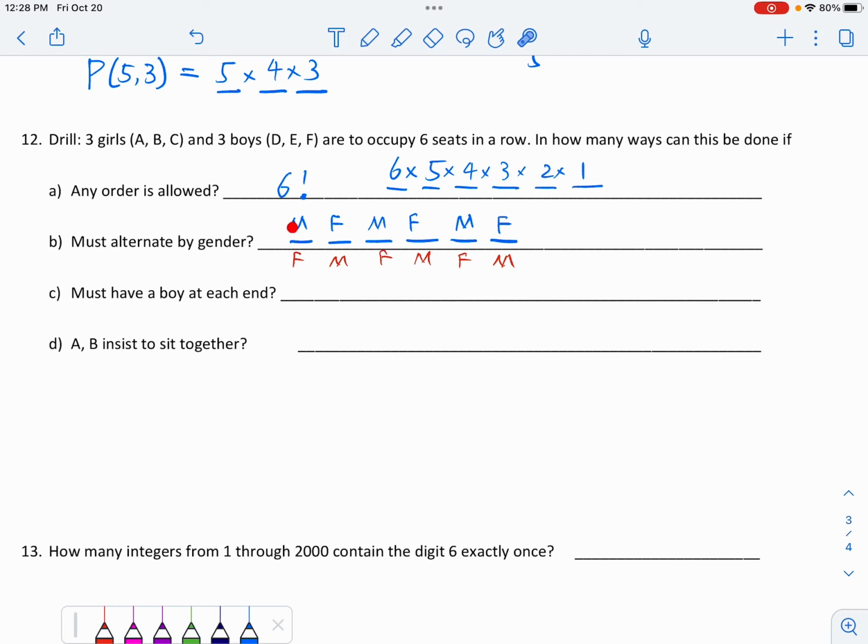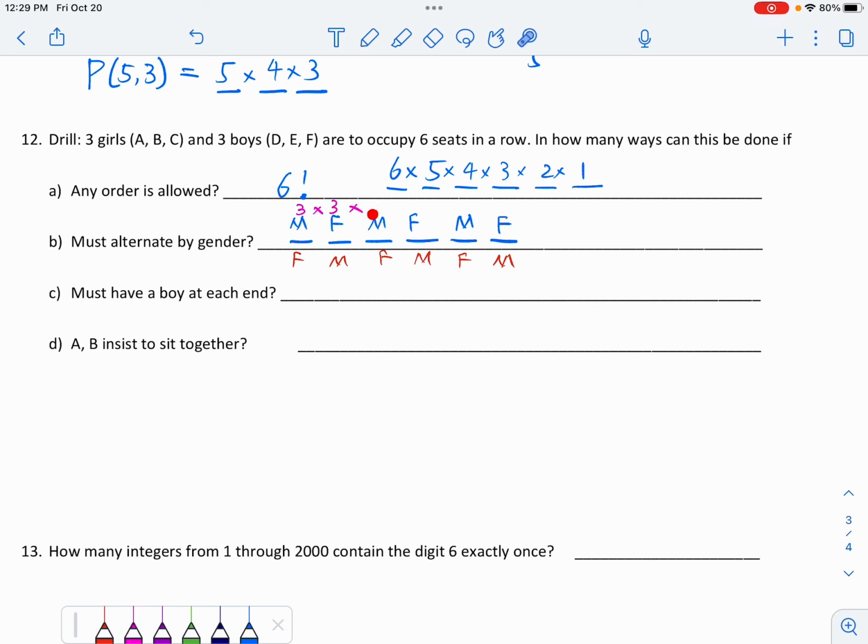So for the first one, how many ways to choose a male to fill in the first seat? We have 3 males, so it's going to be 3 ways to do that. And how many ways to fill in the second seat with a girl? We have 3 girls to choose from, so this will be 3.